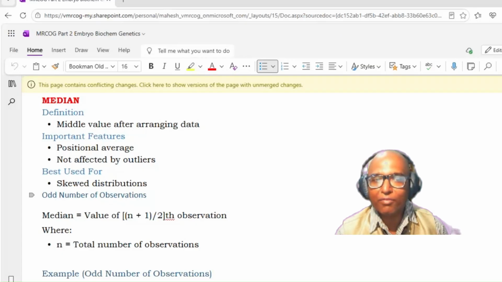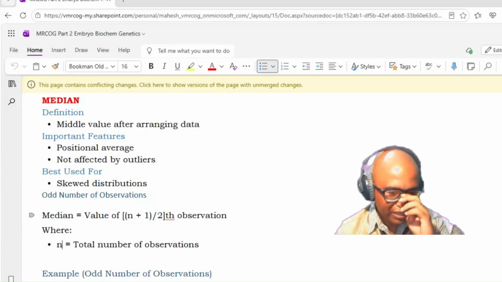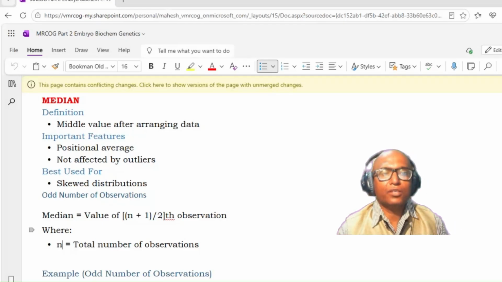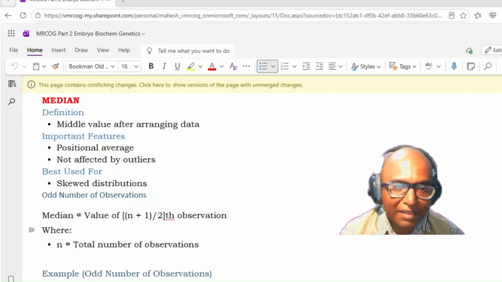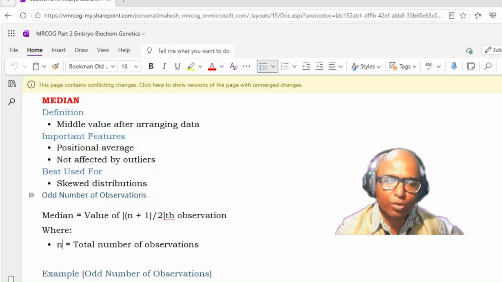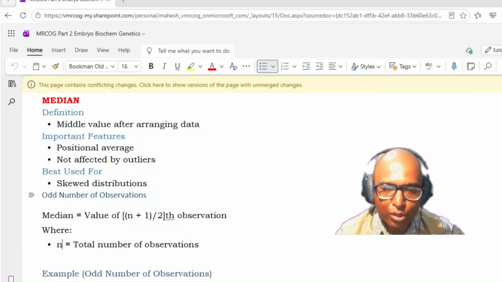Okay, so when you have an odd number of observations, how are you going to calculate the median? Median is equal to the value of the (n plus 1) divided by 2th observation. Suppose you have 11 observations, odd observations: 11 plus 1 is 12, divided by 2, that is the 6th observation. So you go with the 6th positional value, and that is going to be your median.